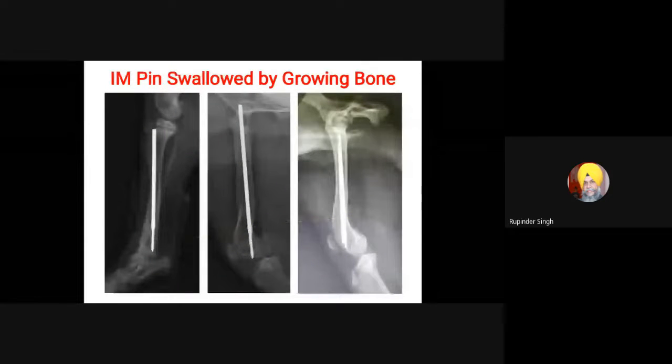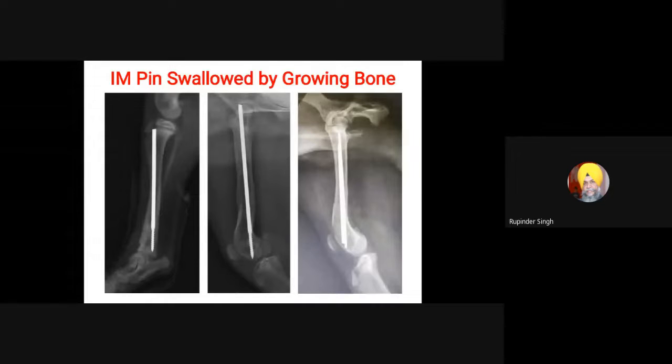Then this is a phenomenon called pin swallowing. This is a metallic implant placed in the bone of a young dog. Bone grows with age. For information, a young dog becomes an adult at the age of 9 or 10 months, although it varies up to 12, 13 or 14 months in various breeds, but the majority of dogs grow faster up to 9 or 10 months of age.